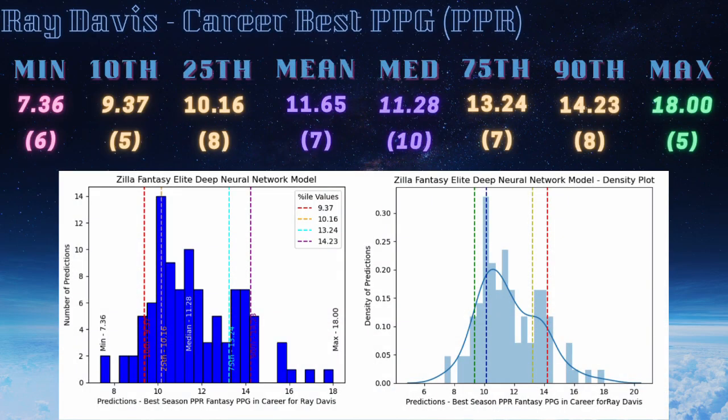So pretty interesting profile. Let's go look in terms of historical context, who is hovering in that 11.2 to 11.7 fantasy point per game range for their career best fantasy points per game. We actually have quite a few running backs that land in between 11.2 and 11.65.